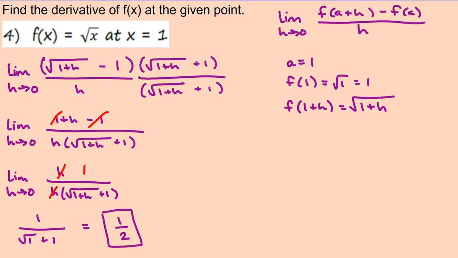Okay, I do want to point out a couple things. Some books and some mathematicians will use something like this. Instead of using an h, they use delta x. And maybe instead of using an a in the formula, they use an x.